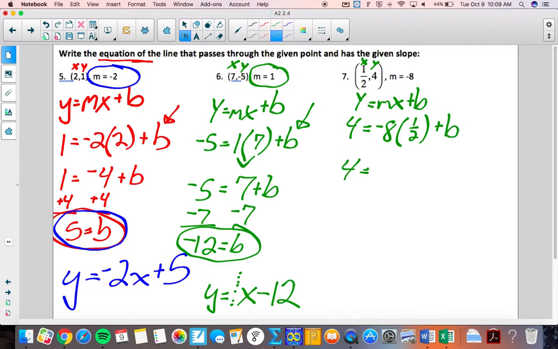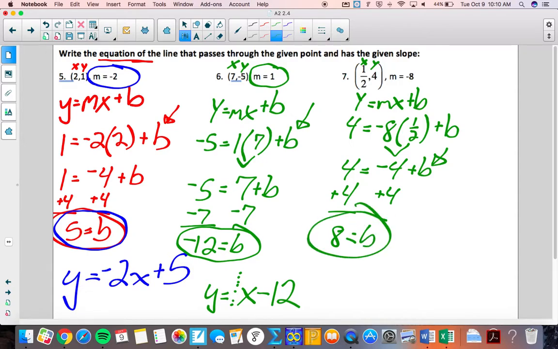So 4 equals, multiply here, -8 times 1/2 is -4. Now solve for b by adding 4 to undo that -4. So we get 8 equals b. Put that in with the slope of -8, so it's y equals -8x plus 8.